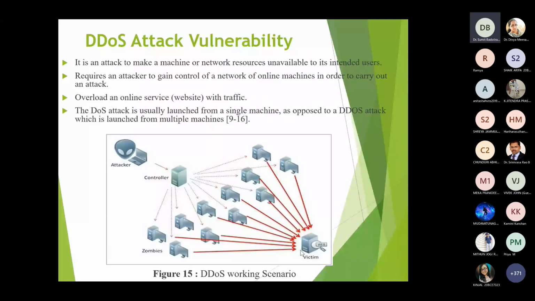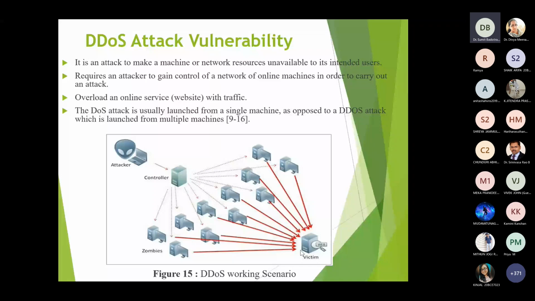Then I have already discussed with you that security can be considered as both an advantage and a disadvantage of the SDN architecture. This DDoS attack vulnerability can be considered as a vulnerable point for SDN. Why? Because a distributed denial of service attack would happen over your SDN controller.